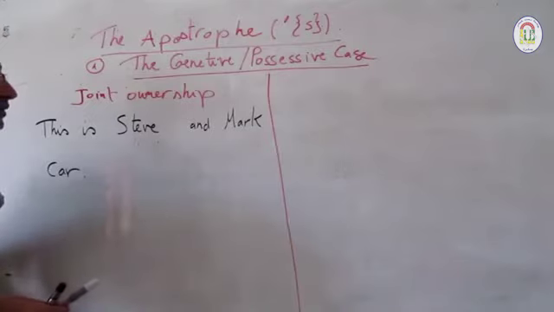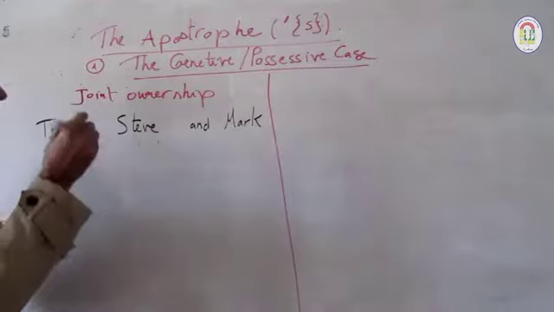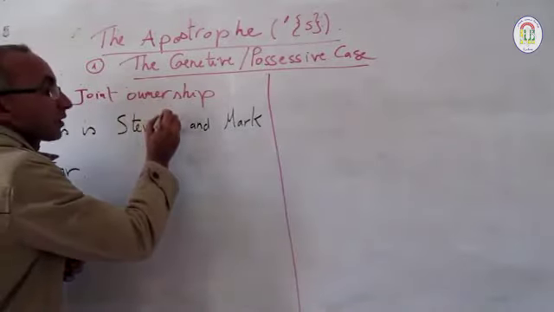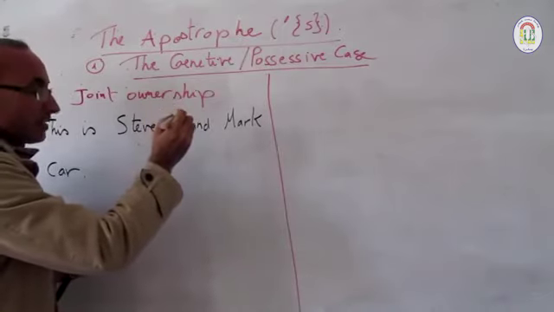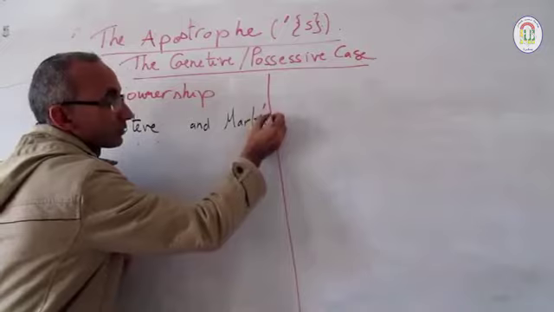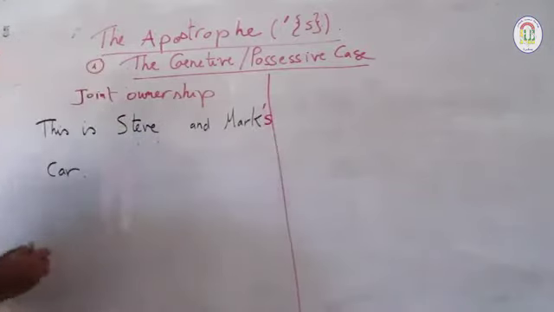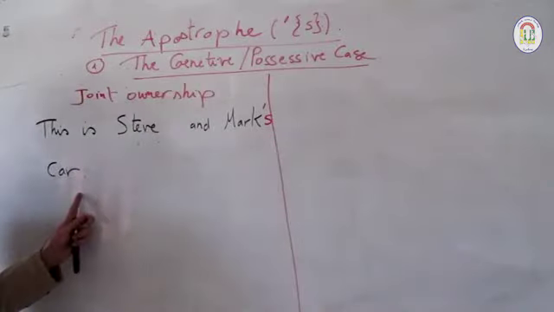So we use here only one apostrophe and s at the end of the second noun. And we write: this is Steve and Mark's car.